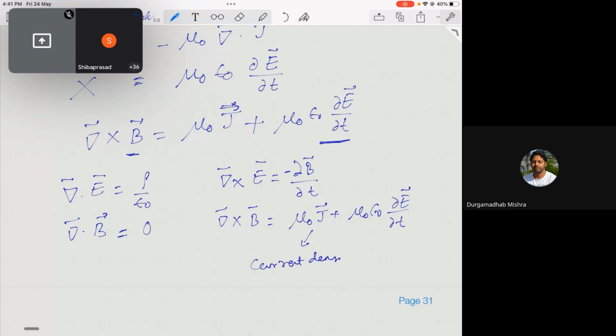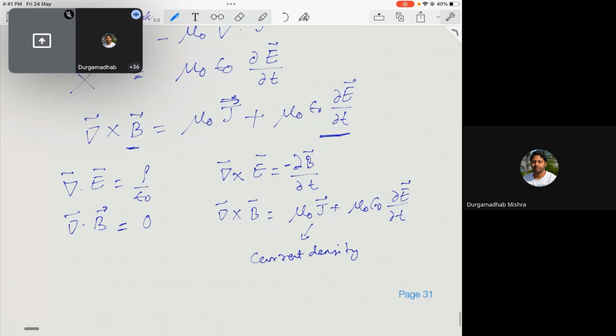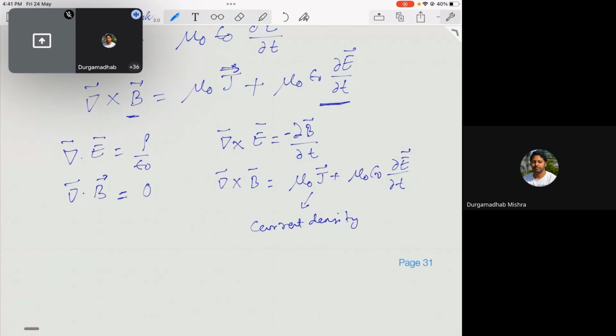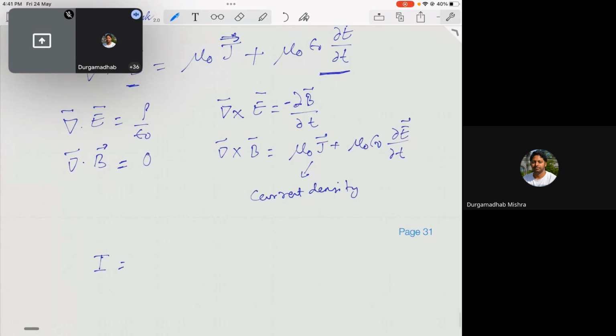So current density, how it is related to current. If I know what the current is, current density is basically the charges flowing per unit time, per unit area.